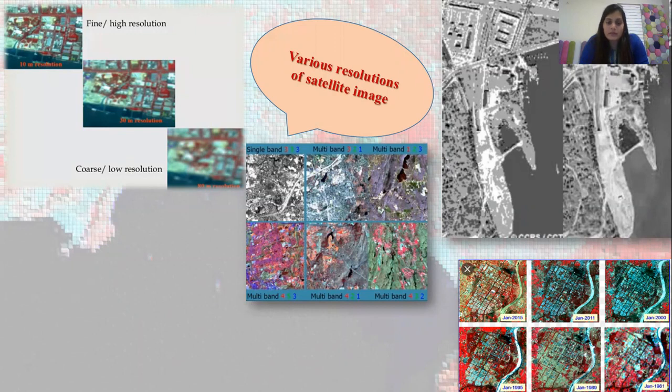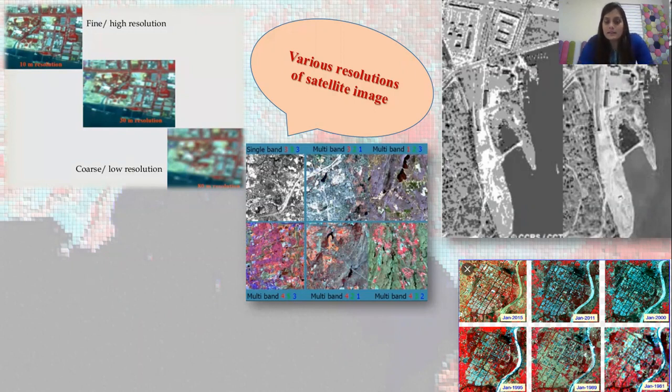Now going further to the spectral resolution. What is spectral resolution? You can see here multi-band and different bands are there. These different bands make a combination and they form one clubbed mosaic image. What is mosaic? Stacking. Everything is stacked and made into a puzzle-like single image. That is known as spectral band.